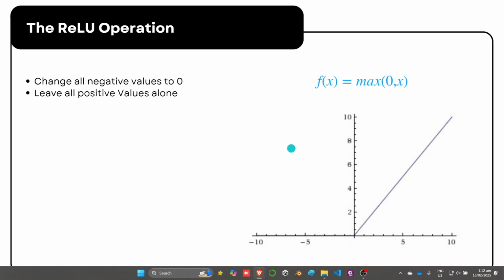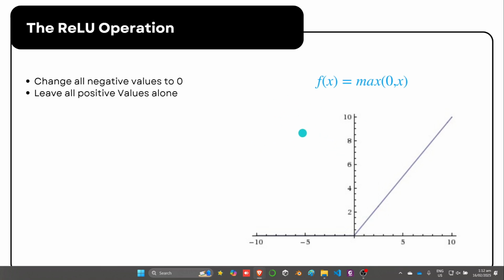Another way to represent ReLU is as the max of x and 0, meaning it just gets the value of x and everything below 0 is 0. So we leave all positive values alone and we change all negative values to 0.